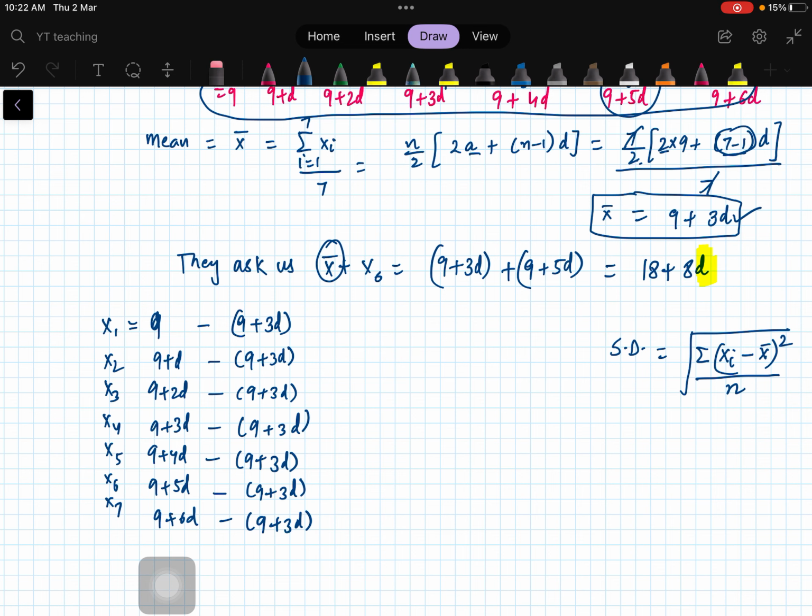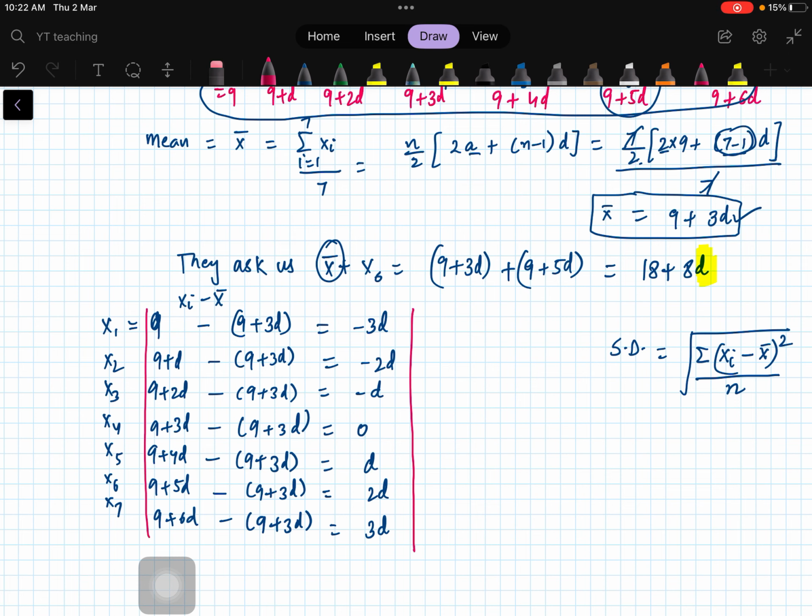So this is your xi minus x bar. That gives you here minus 3d, here minus 2d, here minus d, here 0, here d, here 2d, here 3d. This whole table is for xi minus x bar.